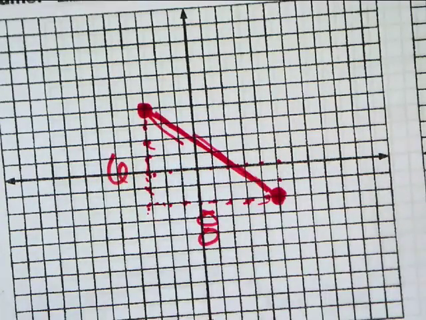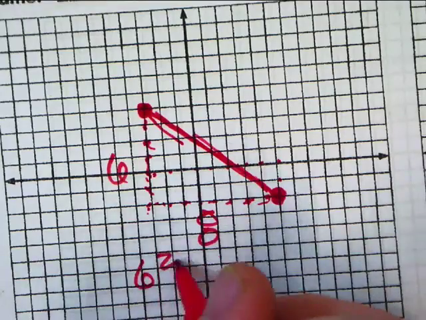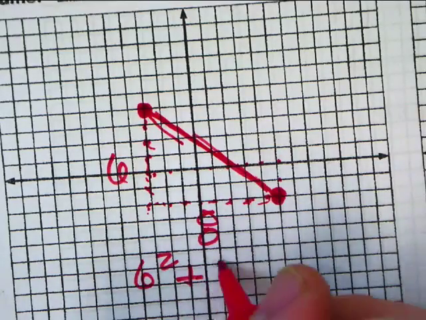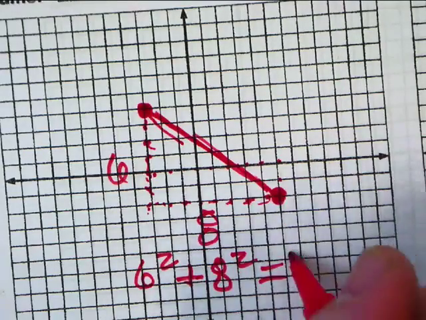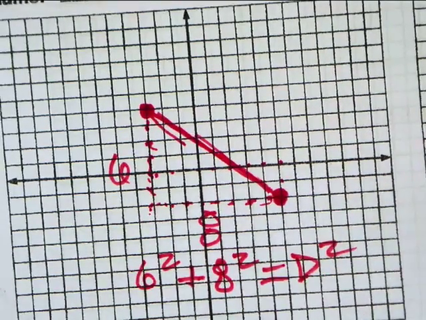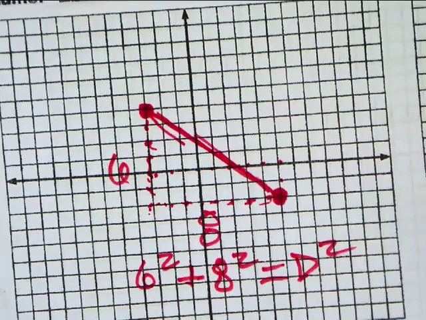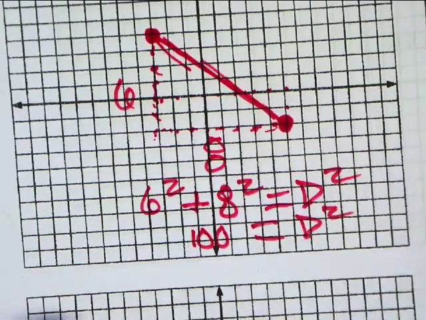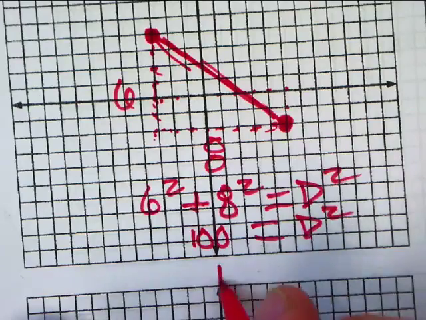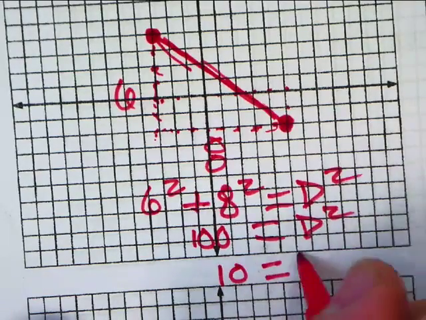So now we have 6 squared plus 8 squared equals the diameter squared. When we do the math, 6 squared plus 8 squared is 100. So that's the diameter squared. If we take the square root, the diameter is 10.